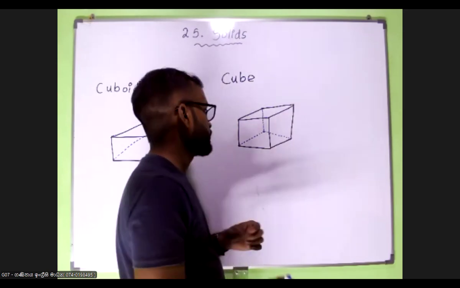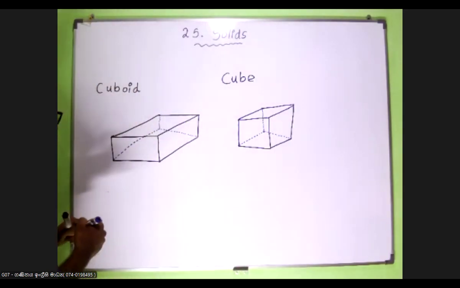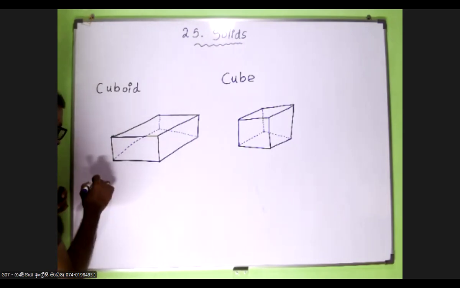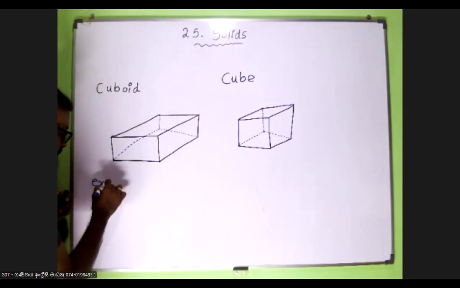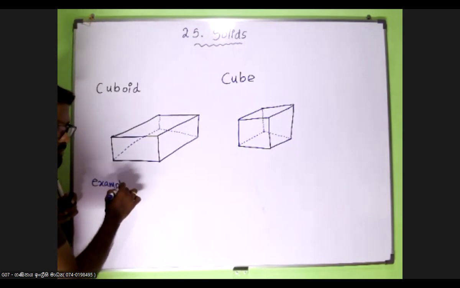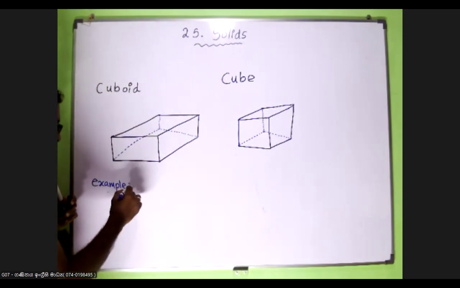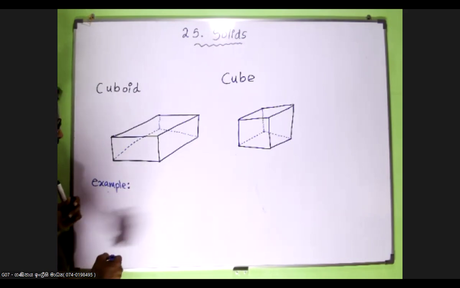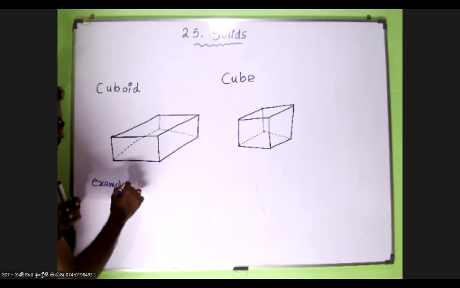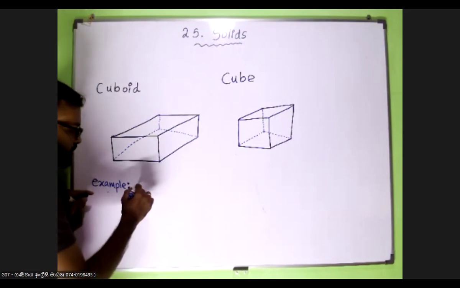I will give you some examples as well, so you can write them under the picture. Example for a cuboid: what can we get? A pencil box.